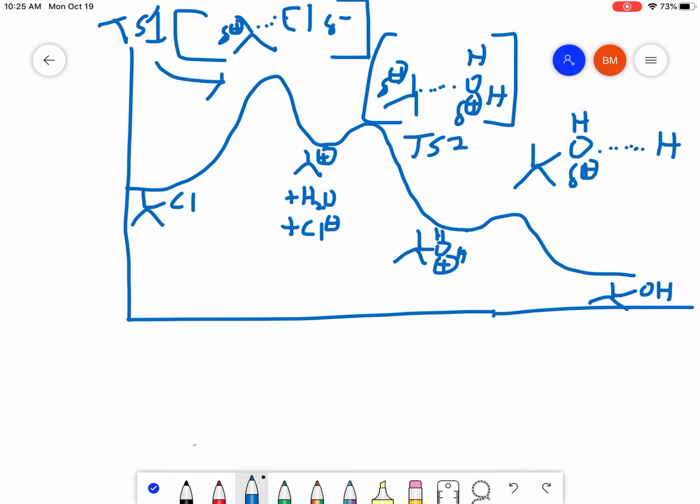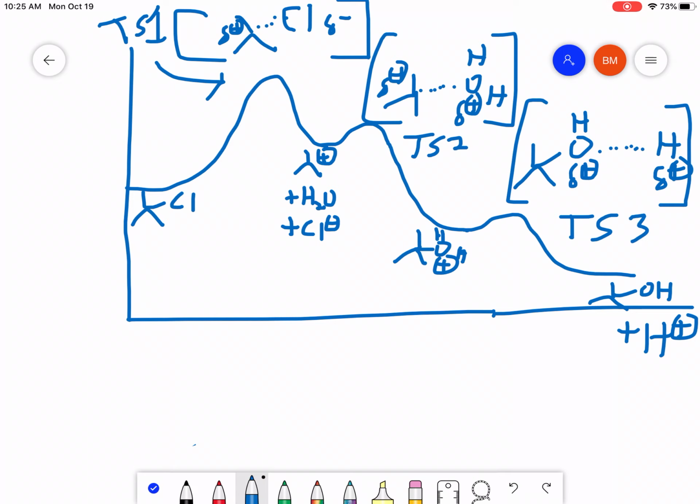I guess I should also mention the fact that we will have an H plus hanging out here as a product. That H goes from neutral to positive, so it also has a partial positive. That is transition state 3. All right. Cool, cool.